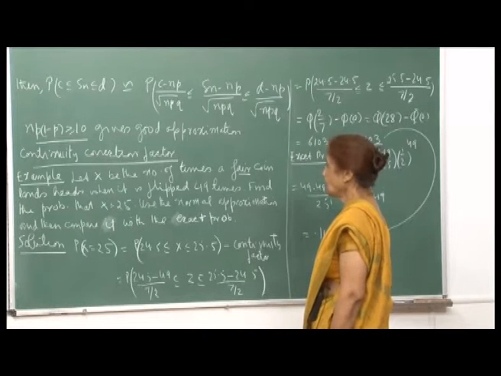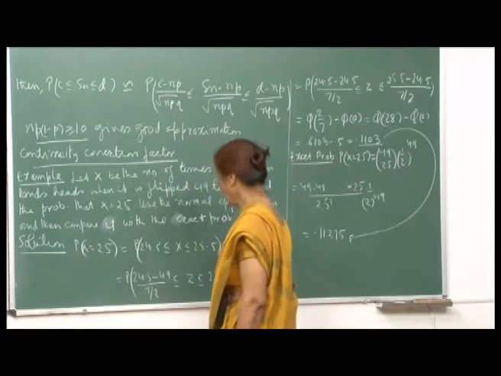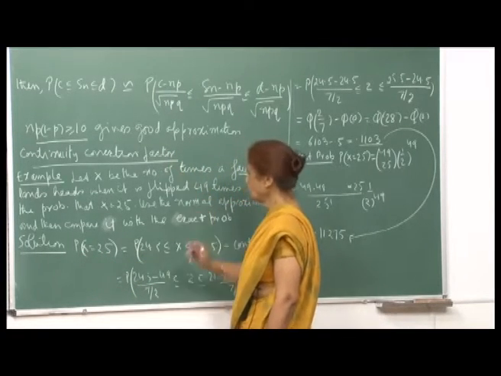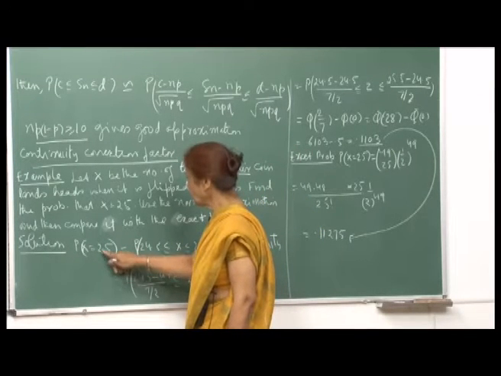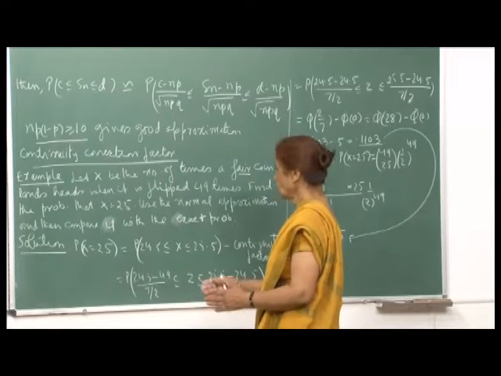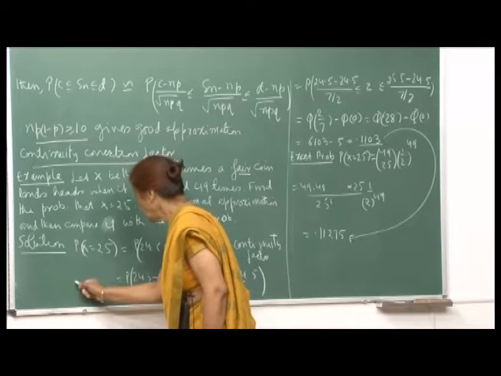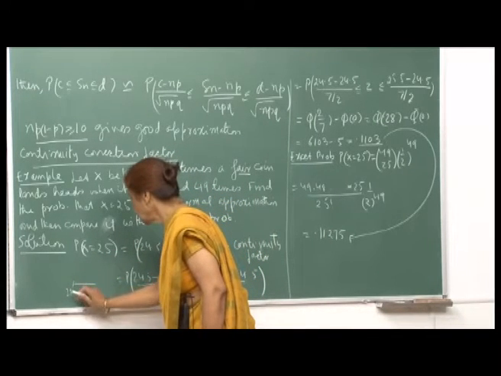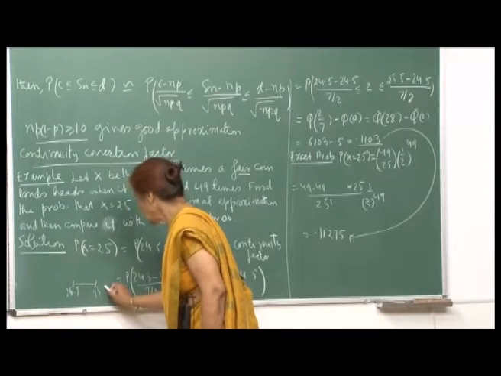Okay. So, I want to compute the probability x equal to 25, and as I just discussed with you, since this is a binomial random variable, you are trying to approximate it by a normal distribution. So, the bar, when x equal to 25, starts from 24.5 and ends at 25.5.